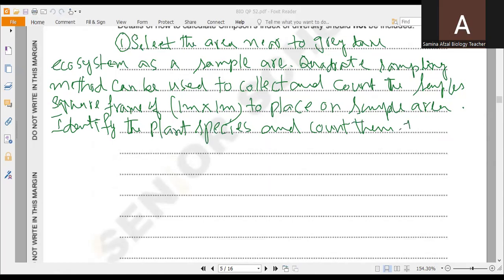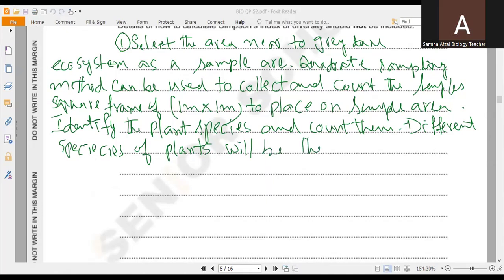There will be different species of plants to count on different areas of sampling.